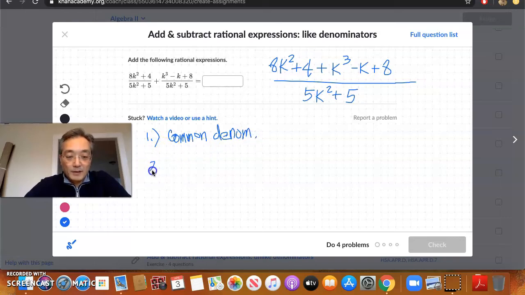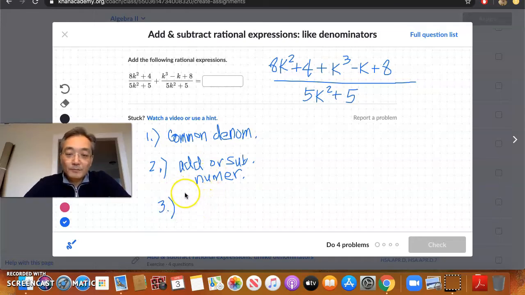And then second, once you do that, you're going to just add or subtract the numerators. And then finally, if we can factor and cancel, this is the step to do so.